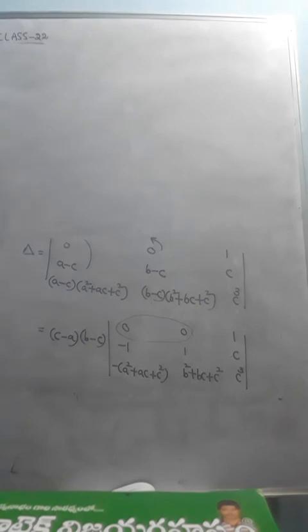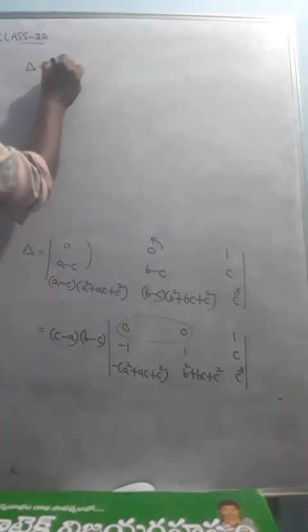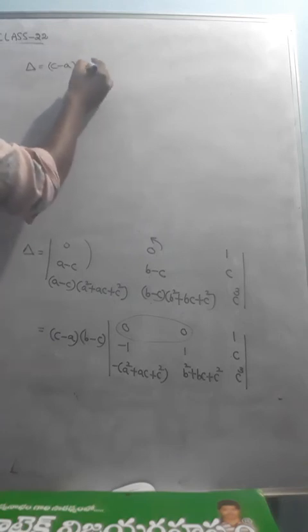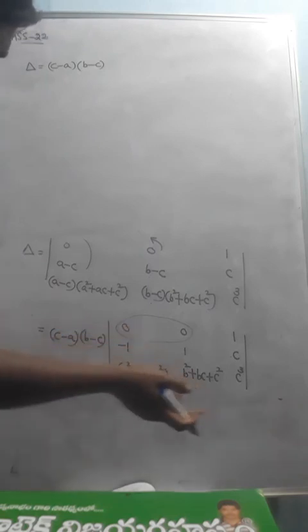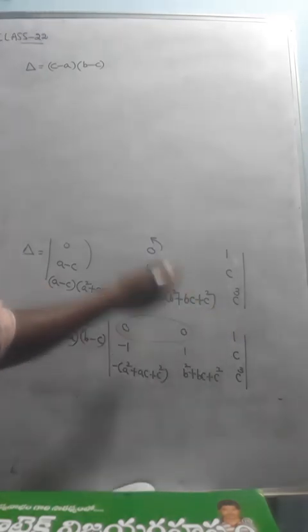Okay, next, delta is equal to C minus A into B minus C into, so 0 into something is 0, here also minus 0 into something is 0, so you can take 1.